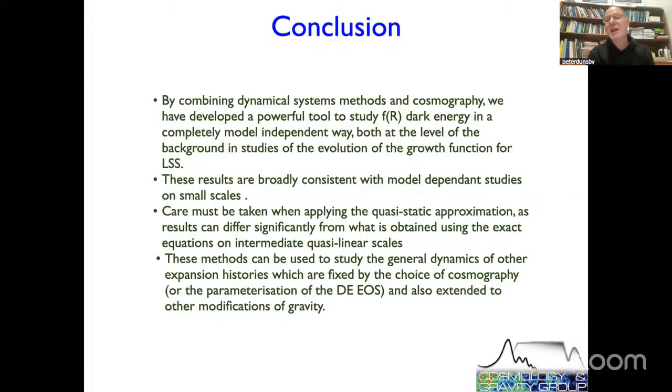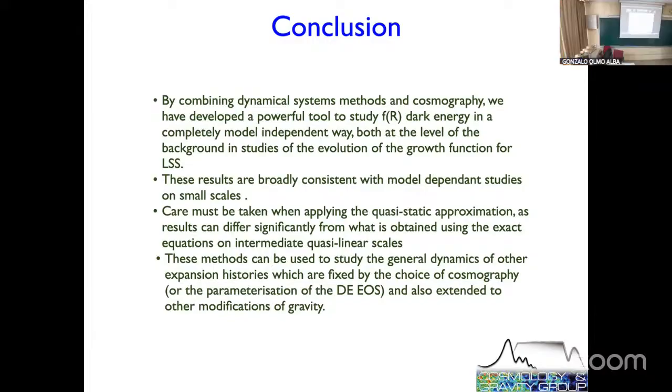Because at the end of the day, we want to be in a position where we can use data to constrain the gravitational sector, to tell us what theories of gravity or what theories of dynamical dark energy are consistent with the data, rather than to do things in the traditional way where we're taking classes of models and then using data to constrain those classes of models.